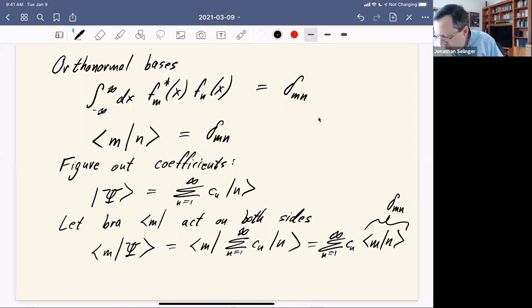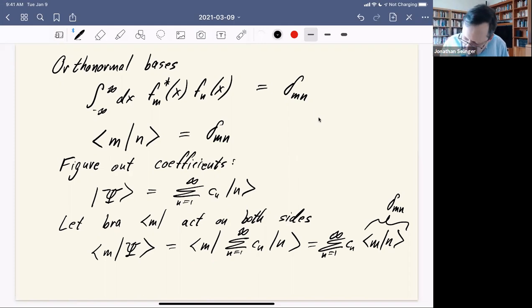And so now we have the same story that we've talked about a few times in the semester, where there's a sum of an infinite number of terms, but only one term in the sum is not zero. The only term that's not zero is when m equals n, and then this Kronecker delta is 1.